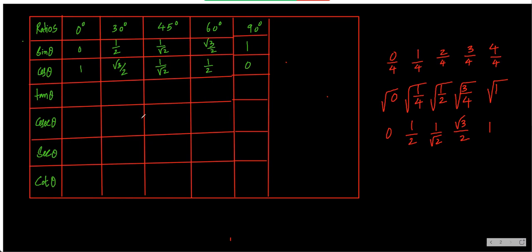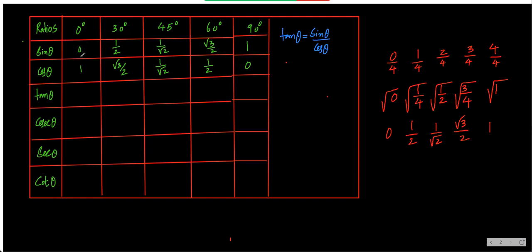Now for tan, I gave you the formula. Here I will write it because it is also a formula. Tan theta is equal to sin theta by cos theta.